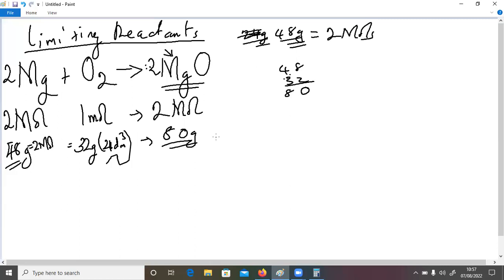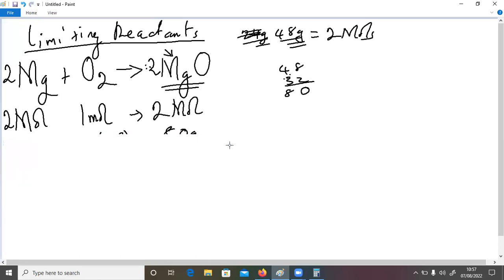This is a complete reaction whereby we had enough magnesium and enough oxygen, so that the equation went to completion, right? Now, what I'm saying is that in many instances one of the components will be a little bit more than what is required by the other one.